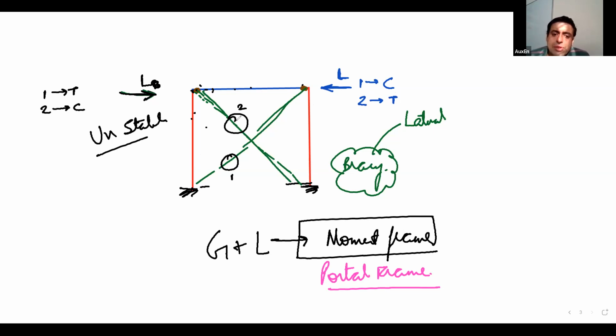Okay. So the purpose of providing an X bracing, this is called an X bracing system, is that when the lateral load is from one direction, one bracing is in tension and the other is in compression, and when the lateral load direction reverses, the tension and compression directions reverse.